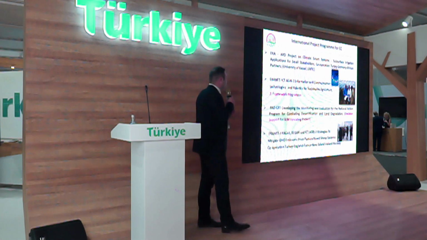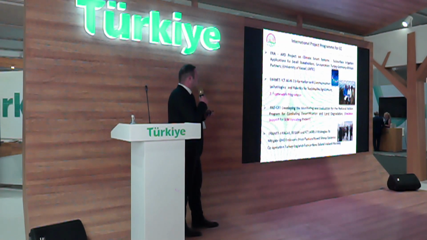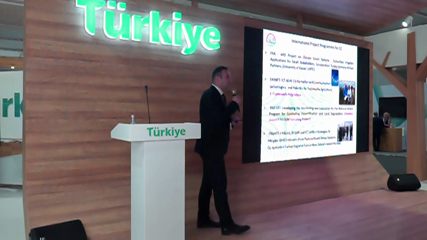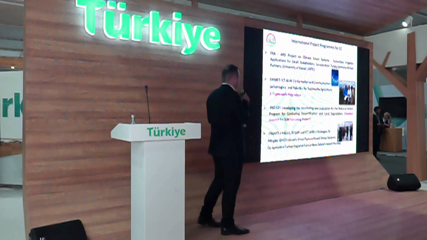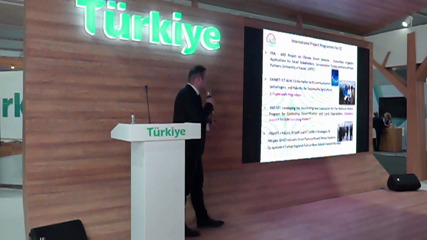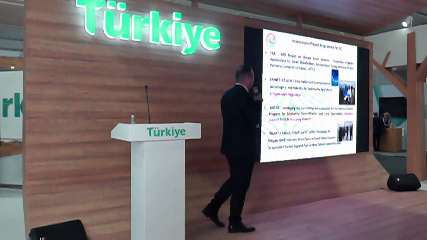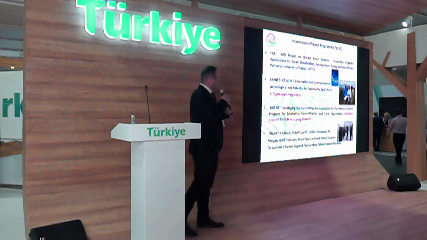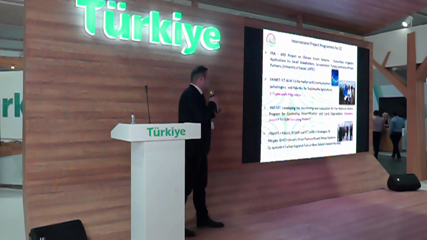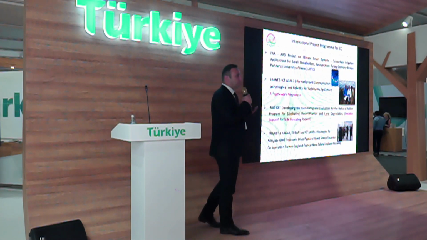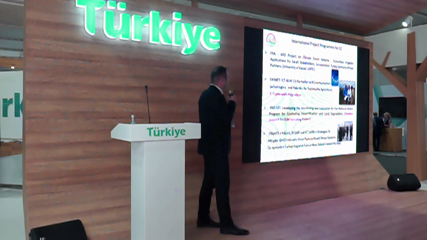This is the 7th Framework Programme. Another one is the FAO GEF project, developing monitoring and evaluation for the National Action Program for combating desertification and land degradation. ARANAT, EREGAS, SUSAN, and ICT-Agri2 were other international programs.